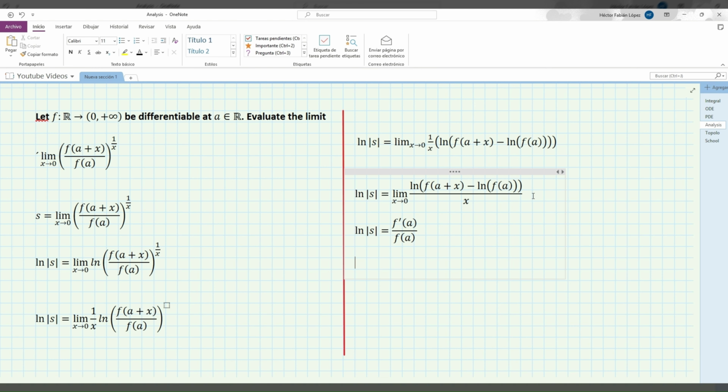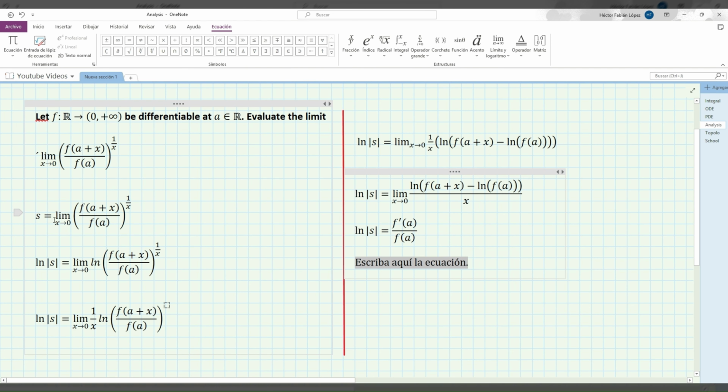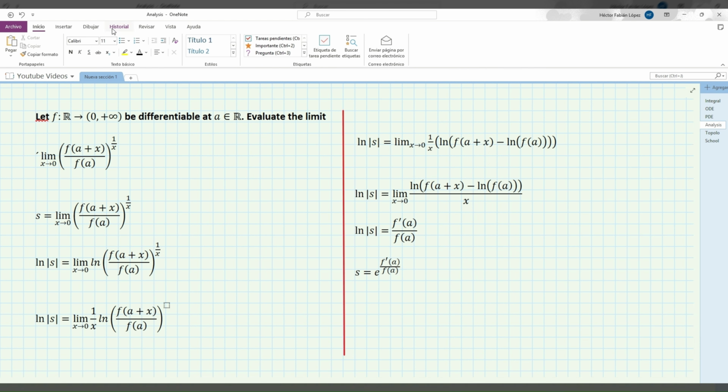Don't forget to type in the comments, and I will read it. Here we need to isolate S. Why? Because S is the same limit. It implies that S is equal to Euler's number e to the f prime of a over f of a. And excellent, then we found the result.